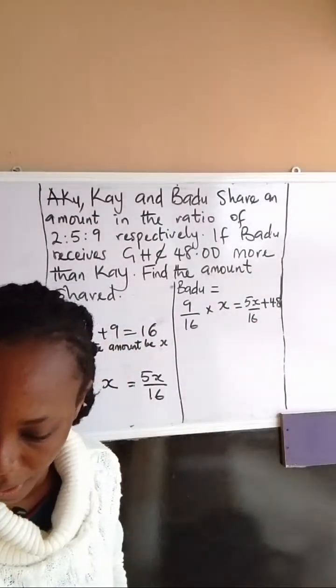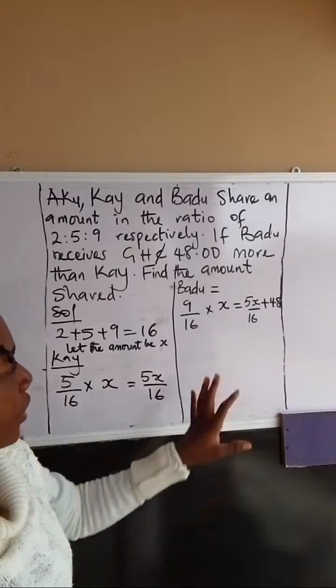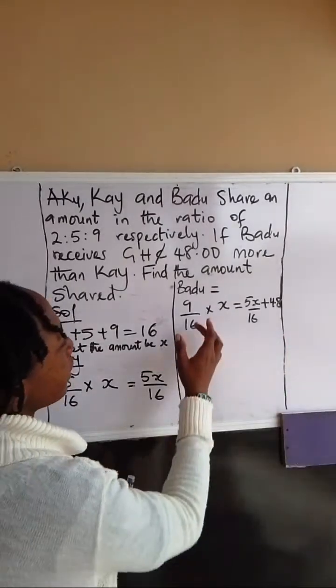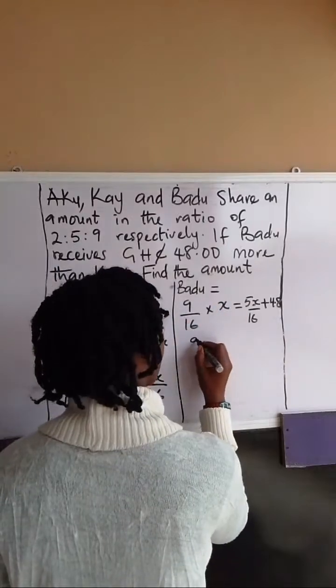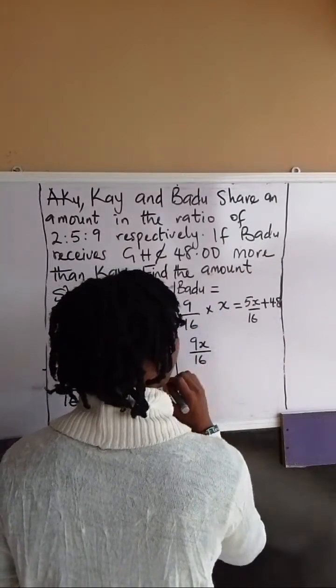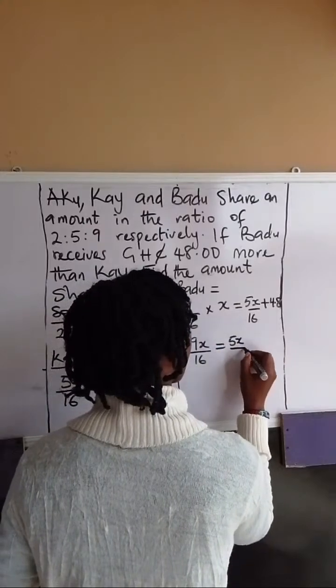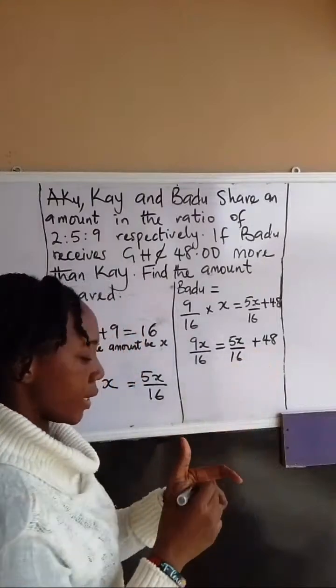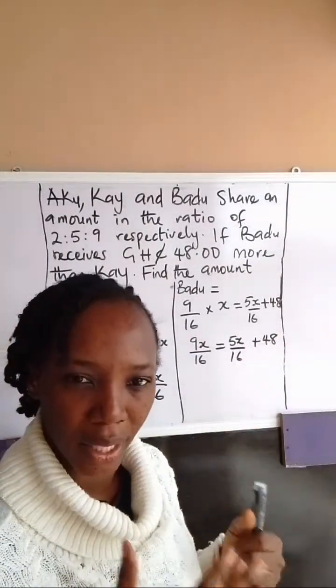Can you see how I place mine? All right, so what do we do next? 9 times x gives us 9x over 16 equals 5x over 16 plus 48. When it's more than, it's a plus. When it's less than, it's a minus.